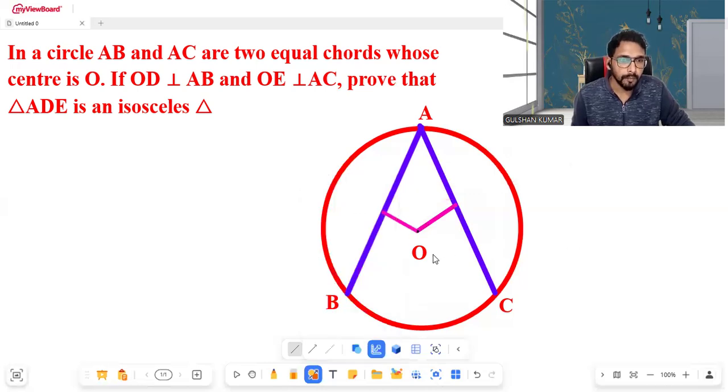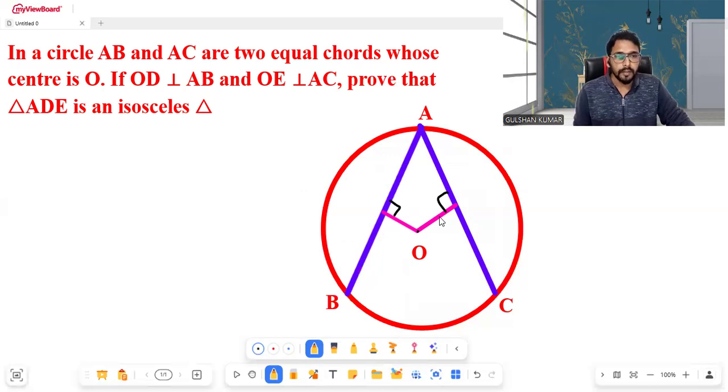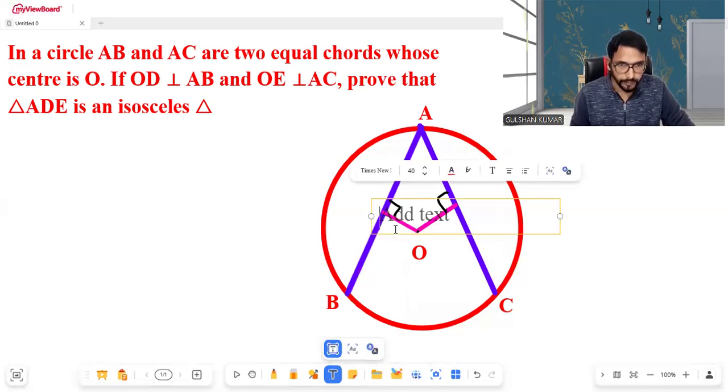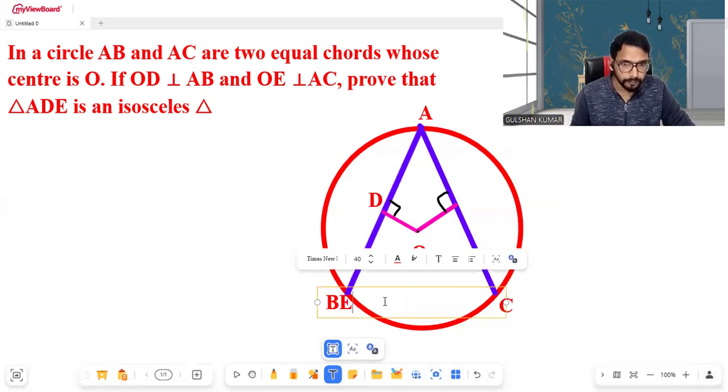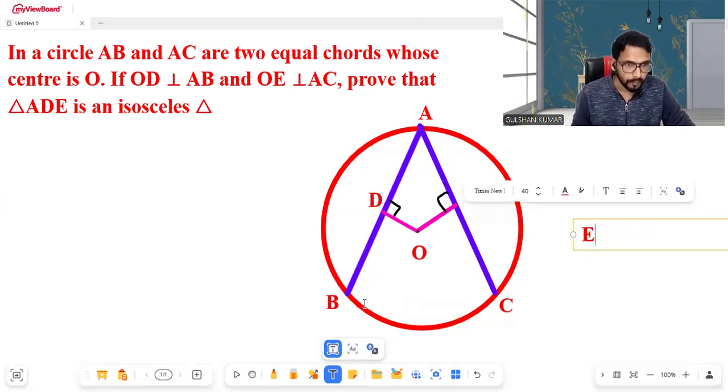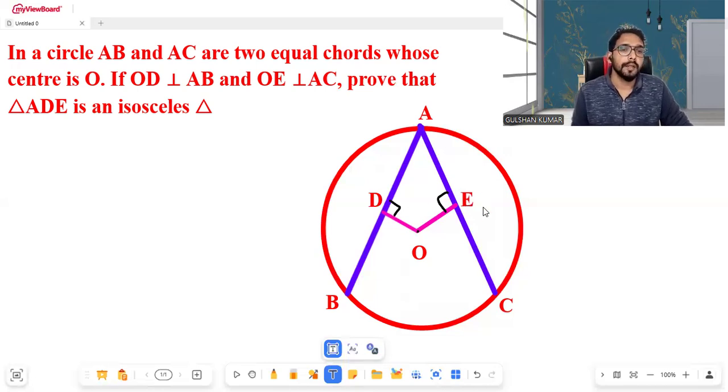Name them D and E. Now OD is perpendicular to AB and OE is perpendicular to AC.